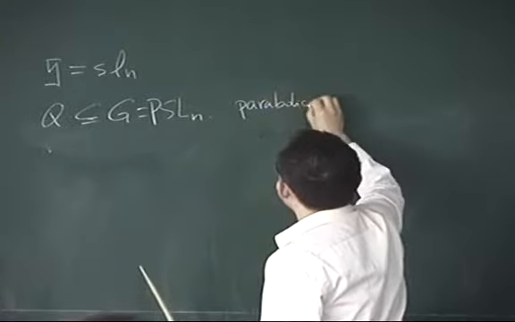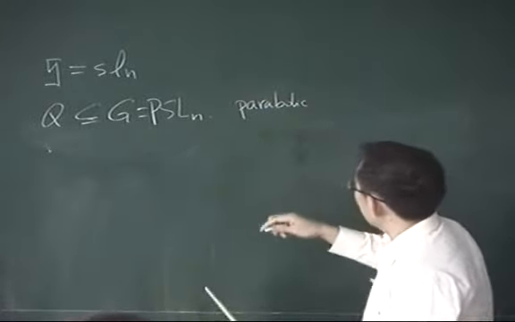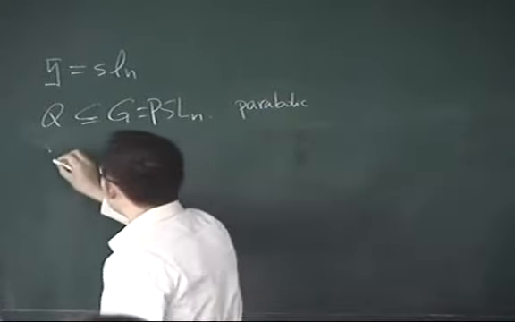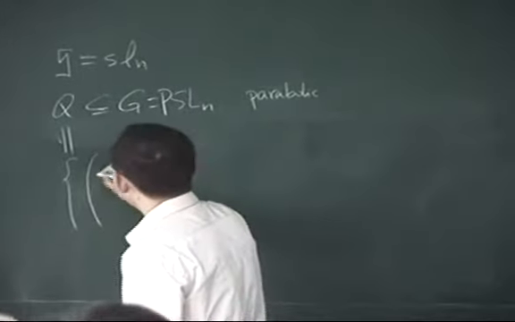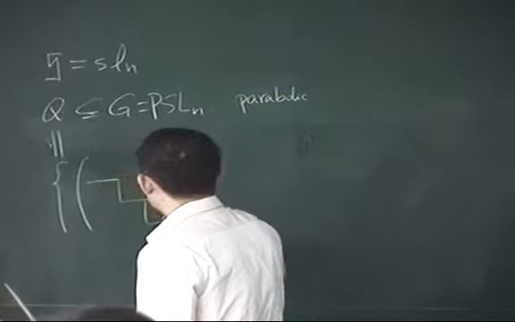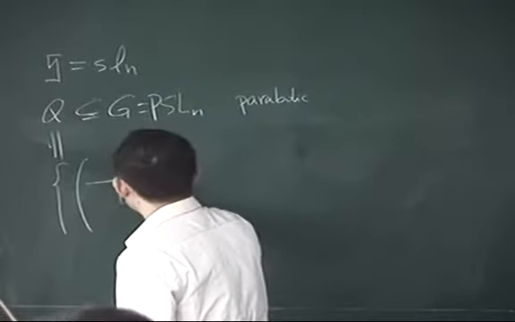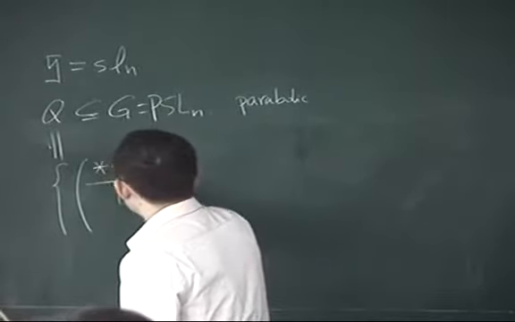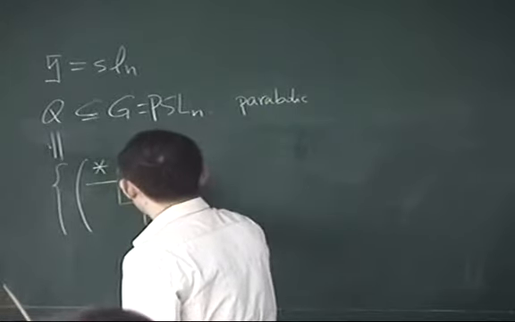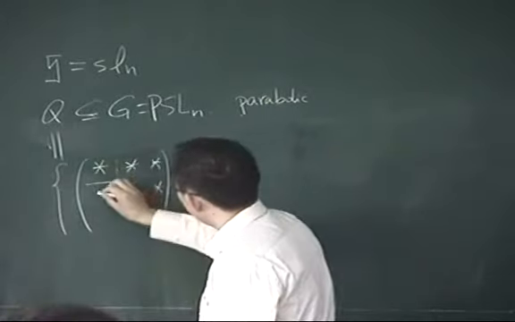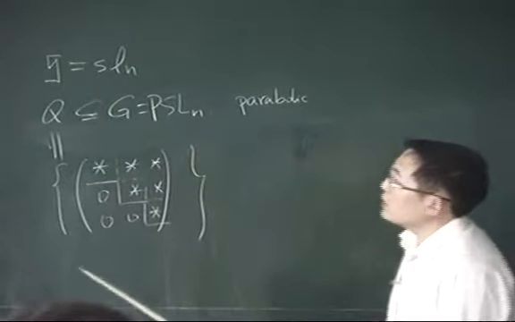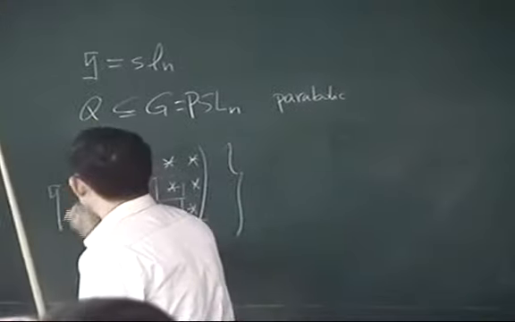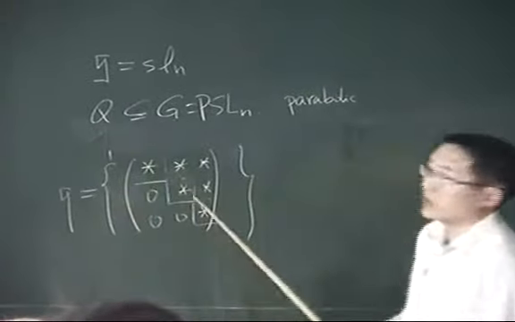Parabolic means the quotient is a projective variety, and in this case you can think of the matrix of some form. Non-zero terms can only be on this part, and these are zero terms. The small q is the Lie algebra of this parabolic subgroup.